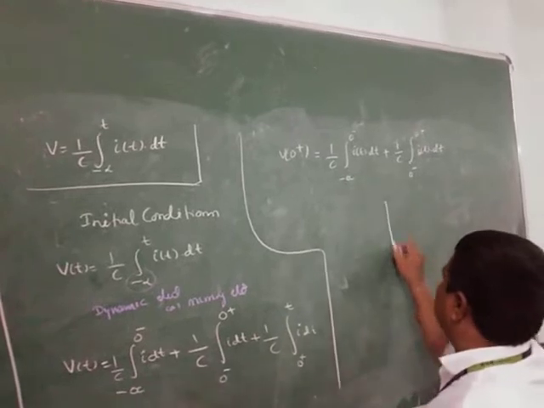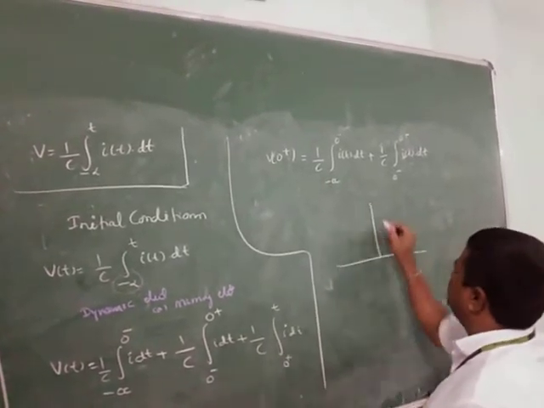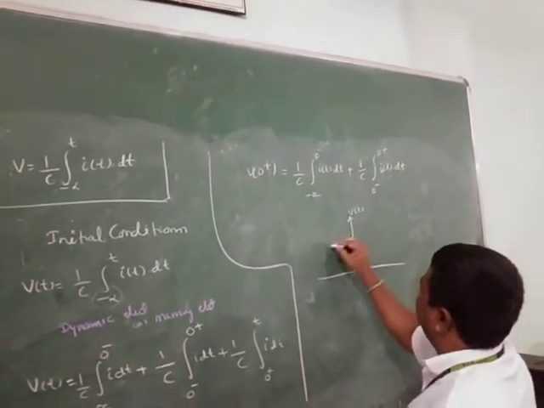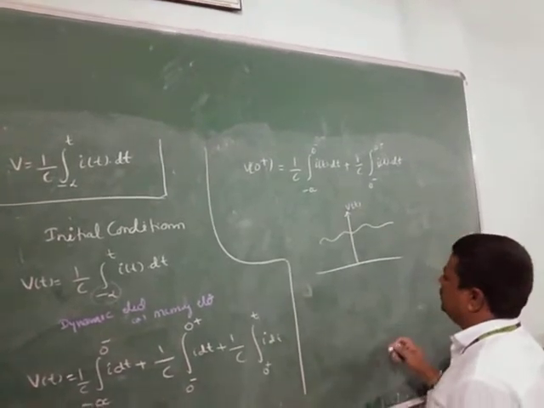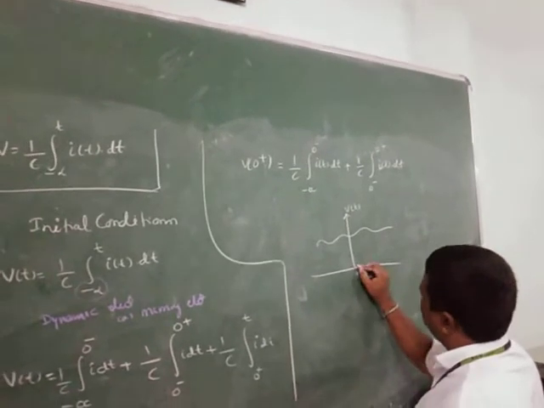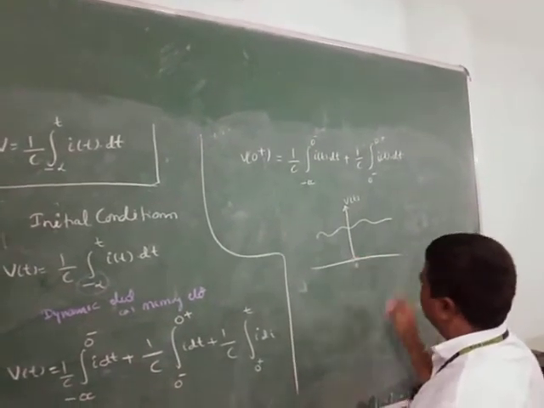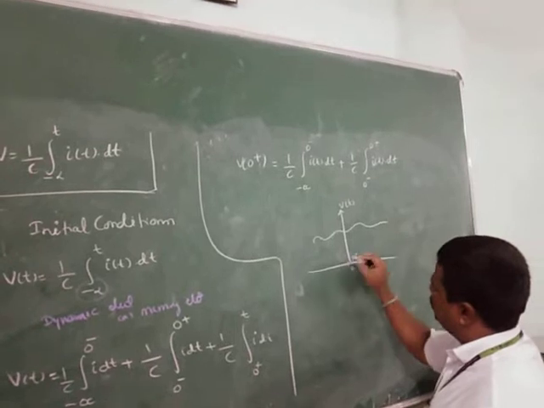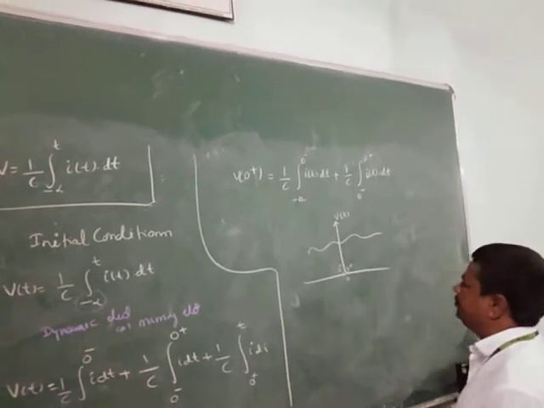Now this is a voltage. Here the shape of the signal is something like this. This is 0 plus and 0 minus, just after 0 and just before 0.